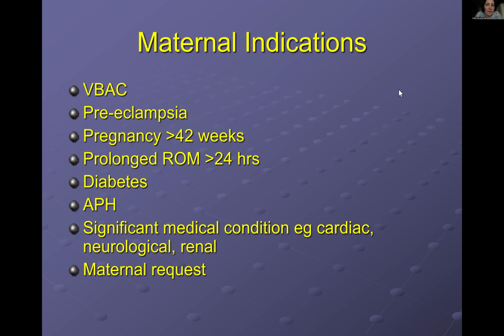There are maternal indications where you need to do continuous electronic fetal monitoring, and these include VBAC, which is vaginal birth after a cesarean. So when a lady has had a previous section, and let's say the previous section was particular to that pregnancy. So, for example, she needed a cesarean section in her first pregnancy because of breech presentation or twins.